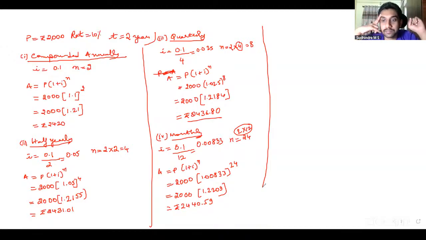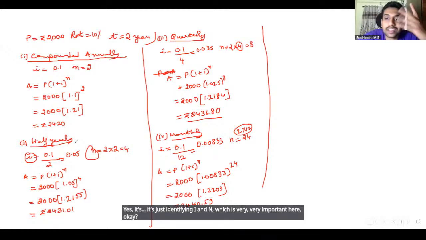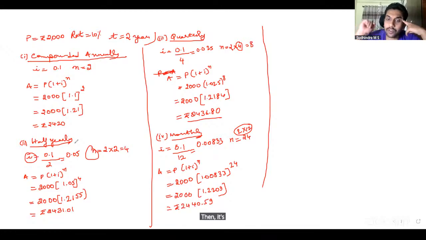Is that clear? Did everyone understand this? Yes, it's just identifying I and N, which is very, very important here. Okay, if we have understood that, then it's just application of the formula. Anyone writing? Yes, complete.